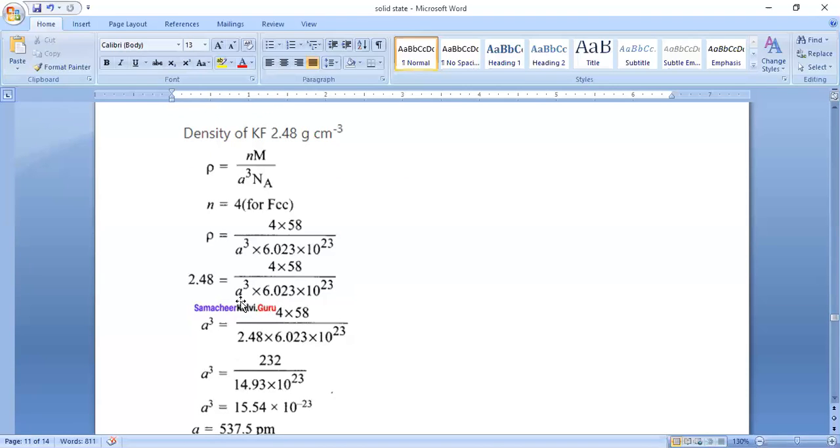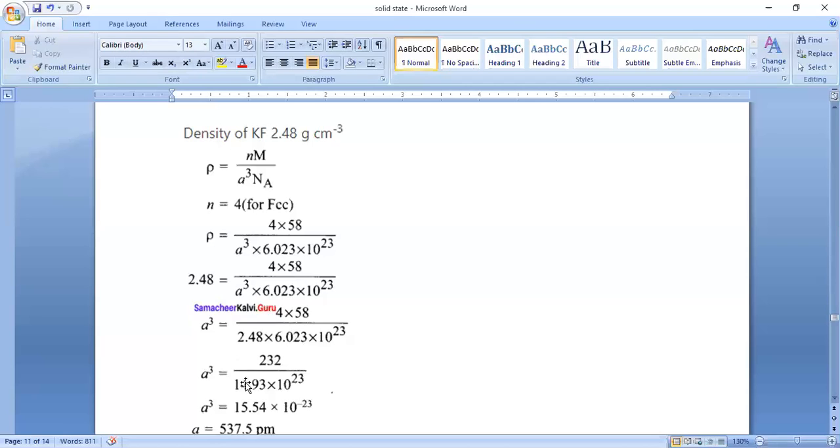A cube, the edge length, is what we are going to calculate. We move it to the left hand side. So A cube equals 4 into 58 divided by 2.48 into 6.023 into 10 power 23. Multiplying, 4 into 58 is 232, and 2.48 into 6.023 is 14.93 into 10 power 23.